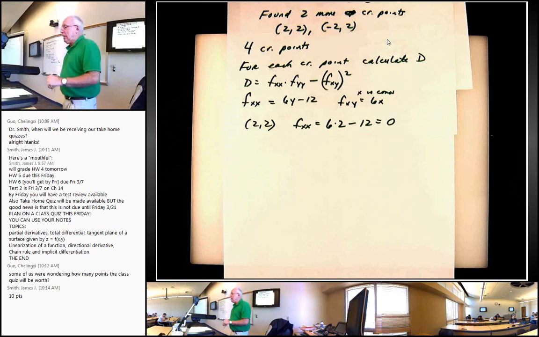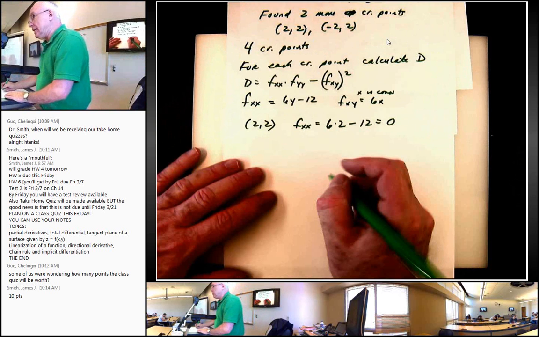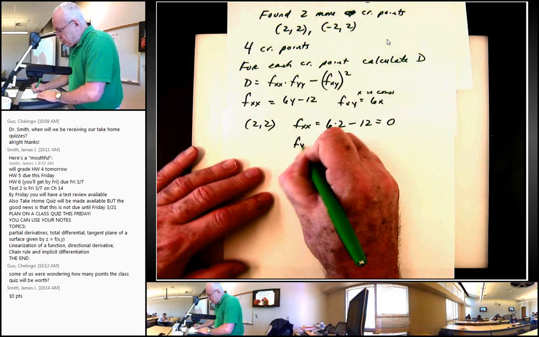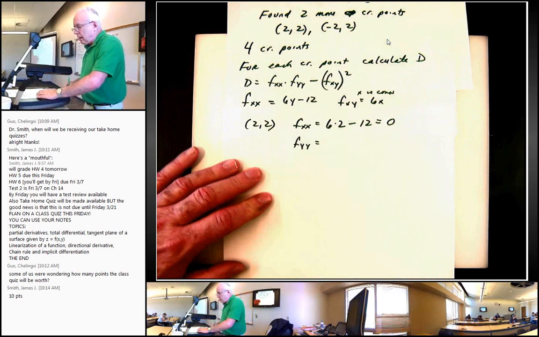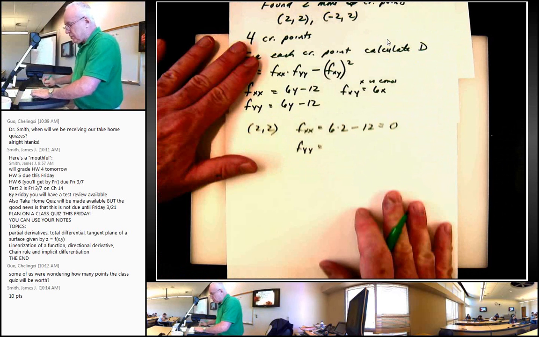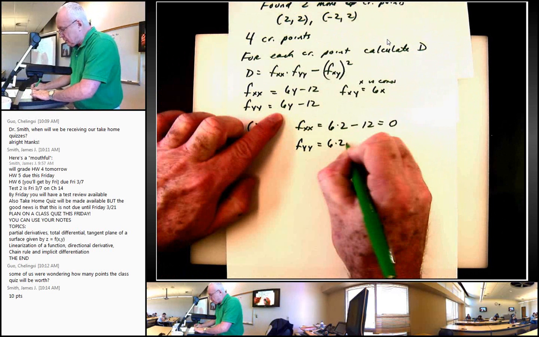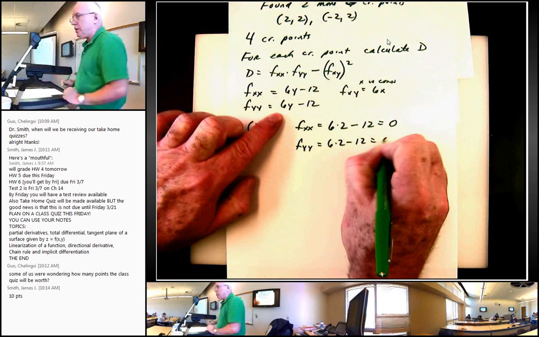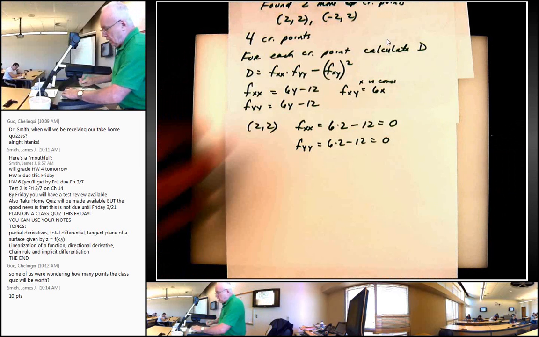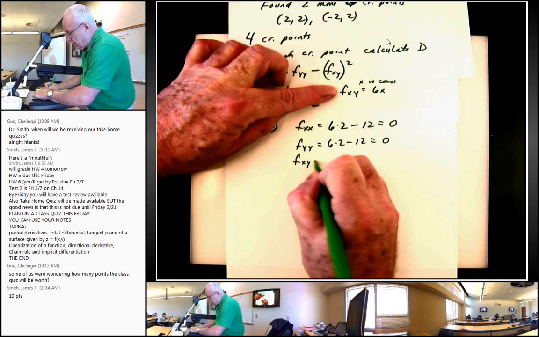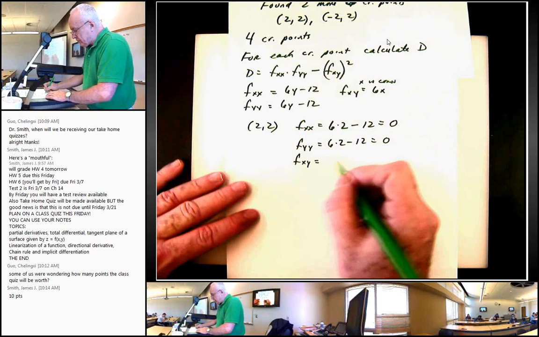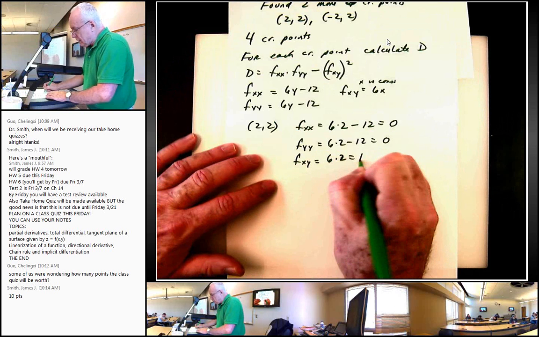So you may be able to guess what we're going to get. Let's do the same thing for fyy, which is also 6y minus 12. 6 times 2 minus 12, we also get a 0. Now the fxy was 6 times x, that's 6 times 2, that equals 12.